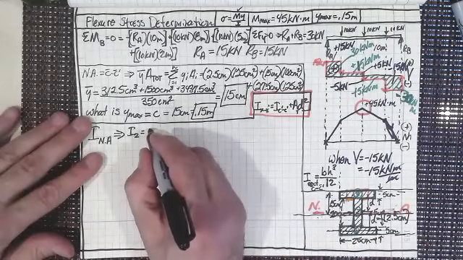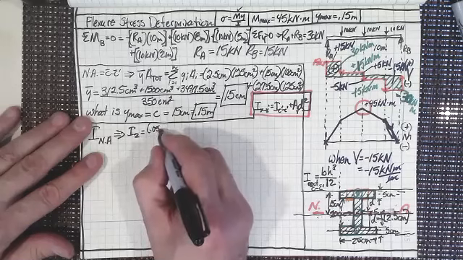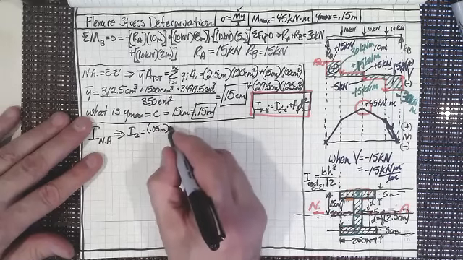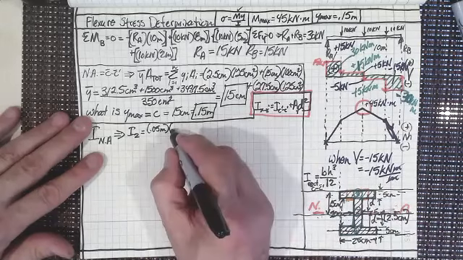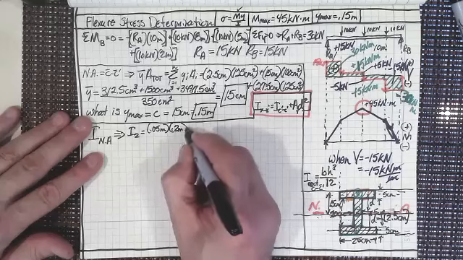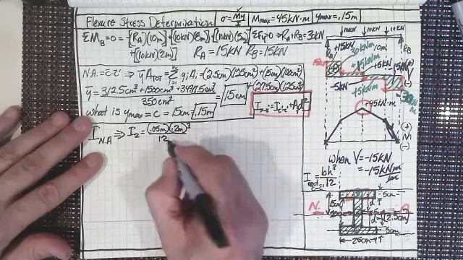So all we have to do is put B, which is 0.05 meters, H is 20 centimeters, so 0.2 meters cubed over 12.